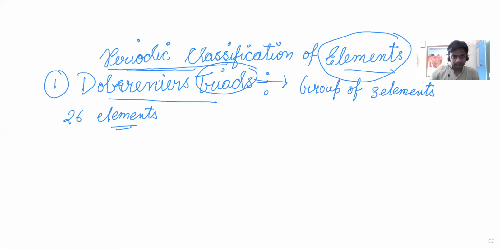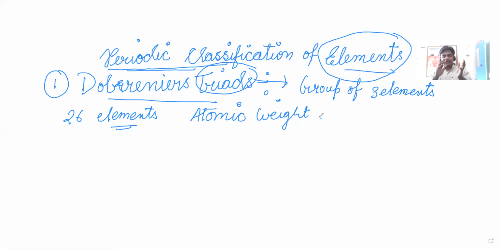What concept did he follow? He explained that when the elements are arranged in the increasing order of atomic weight or atomic mass, then in the same triad, the atomic mass of the first element and the third element averages approximately to the atomic mass of the second element.